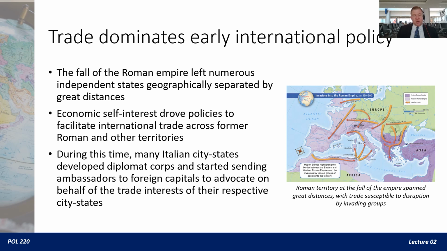They started sending ambassadors to foreign capitals to negotiate trade agreements that put themselves at an advantage over other Italian city-states that they might have had conflict with. And so much of this is a result of the decentralization of government that occurs because the Holy Roman Empire has largely collapsed. Now these independent city-states have more autonomy.